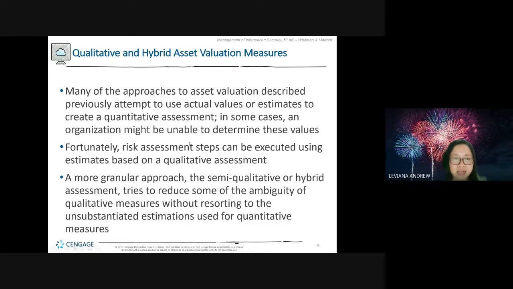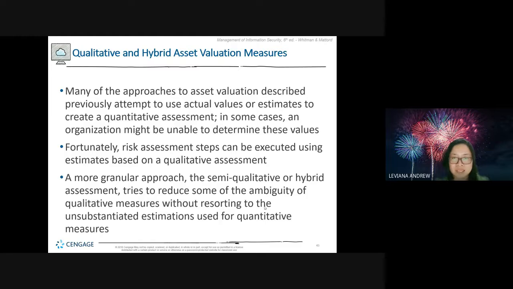In some cases, organizations may be unable to determine the values. For many of the asset valuations, we do not know how to determine those values. Therefore, we use qualitative and hybrid asset valuation measures. Risk assessment steps can be executed using estimates based on qualitative assessment. This tries to reduce some of the ambiguity of qualitative measures without resorting to the unsubstantiated estimation used for quantitative measures.